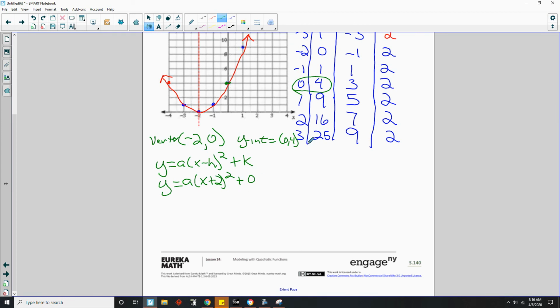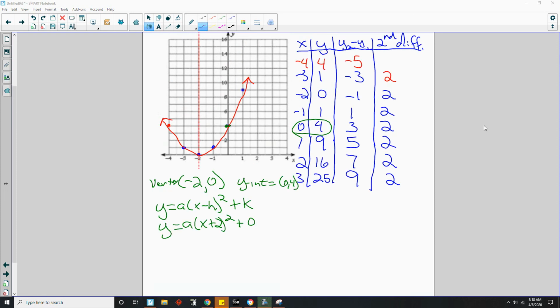Okay, but then my y-intercept is 4. So at this point, we do know the vertex, we know the y-intercept, and if I put it in vertex form, we still have unknowns. We don't know what a is, and we don't know what y is and x.